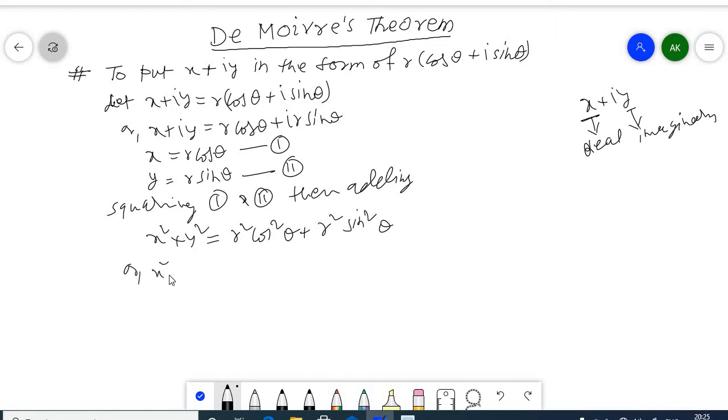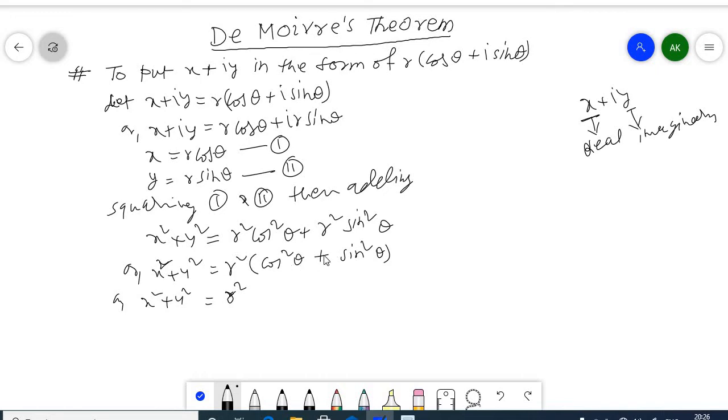On the left side x square plus y square, and what will be common on the right side? R square is common in both the terms. So we take common r square in both the terms. We get cos square theta plus sin square theta. Or x square plus y square is equal to r square into cos square theta plus sin square theta.